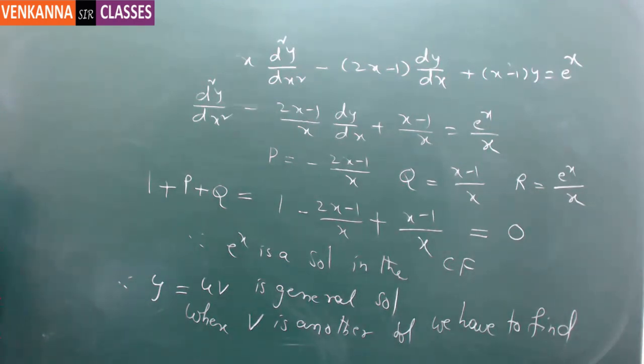So e power x is a solution in the complementary function. y is equal to uv is the final solution where v is another solution which we have to find. Accepted? Shall I proceed further then?